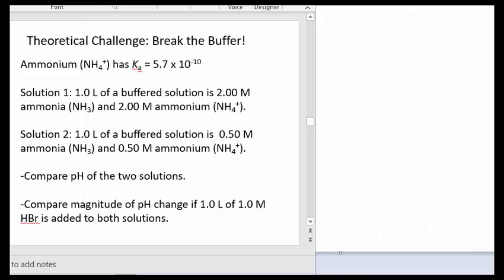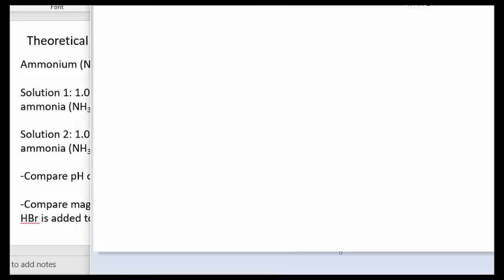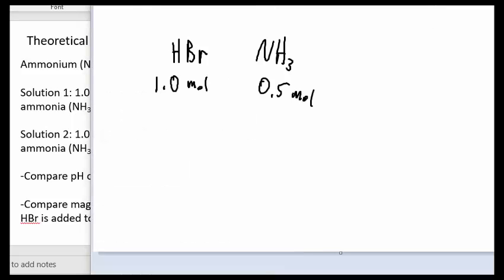But what about in the situation where we add the same acid solution to a buffer with less buffer, solution 2. So what happens here? The HBr, the hydrobromic acid, quickly goes through the half a mole of ammonia present.